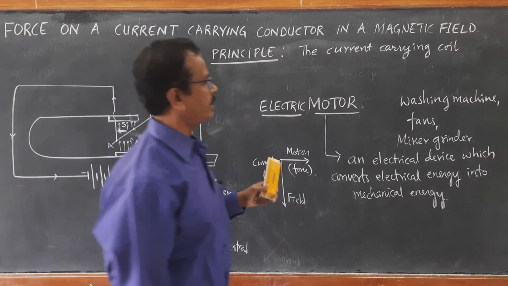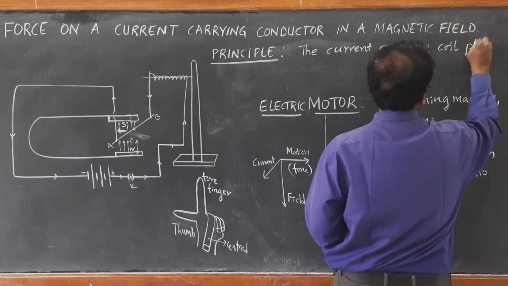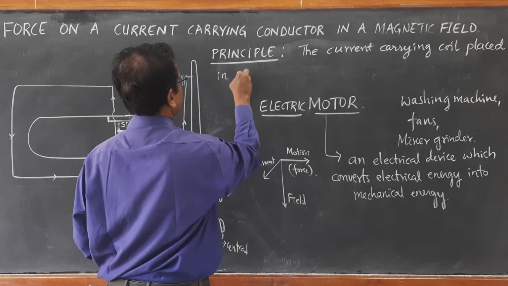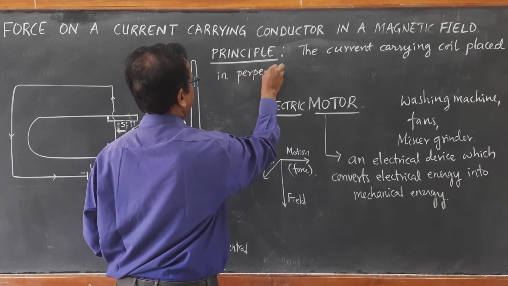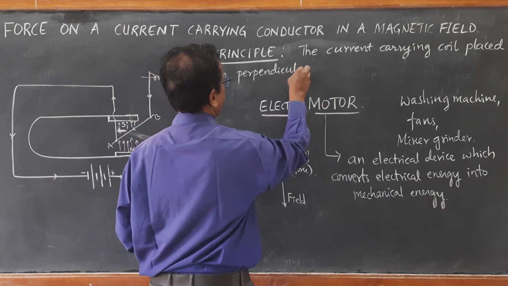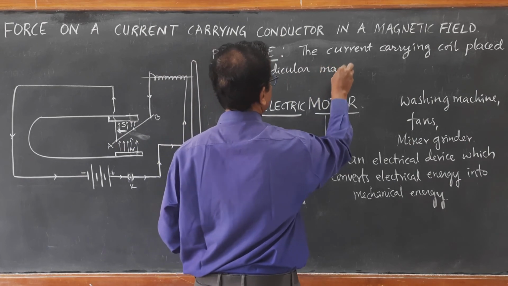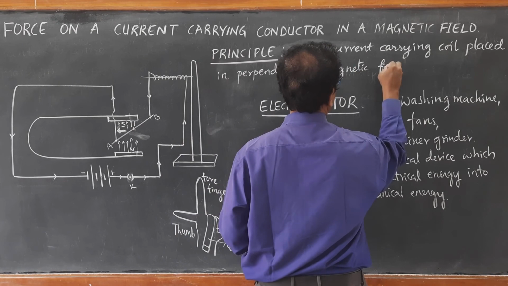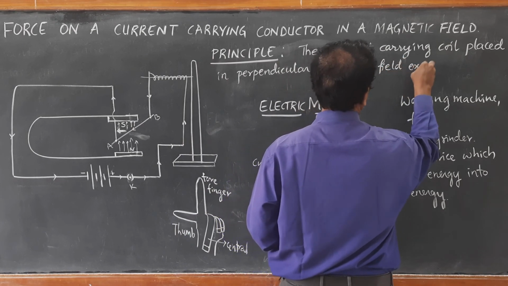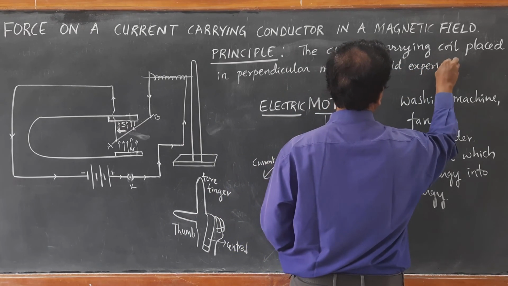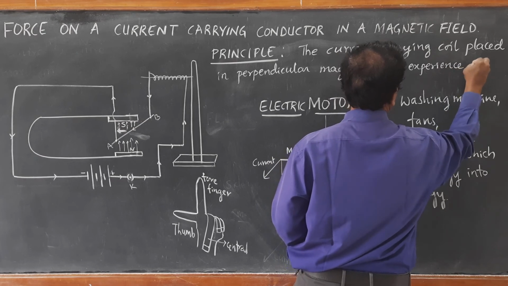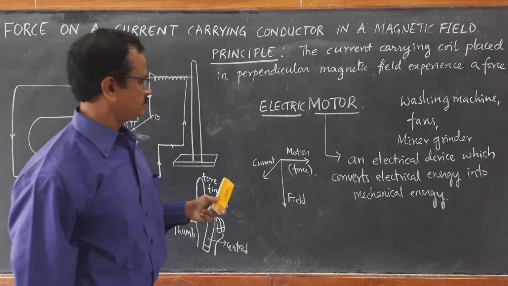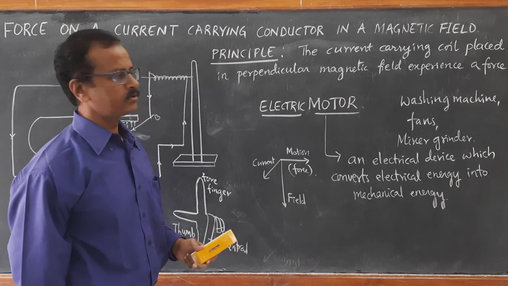A rectangular current carrying coil placed in a perpendicular magnetic field experiences a force, a sideway force, as I said, using Fleming's left hand rule.